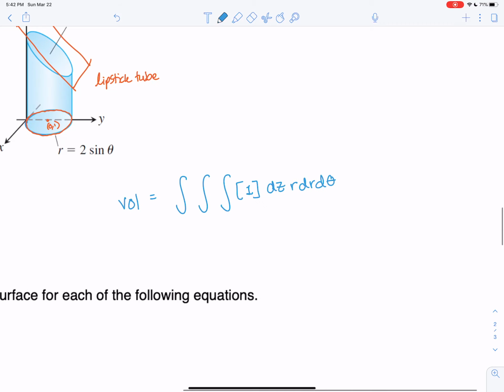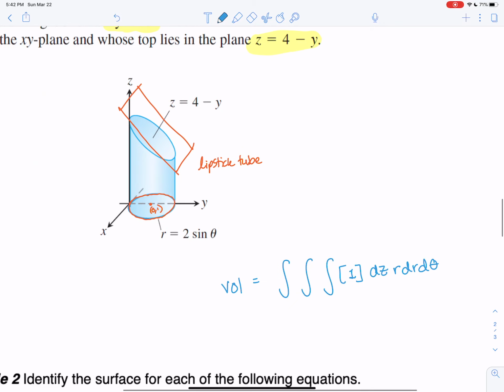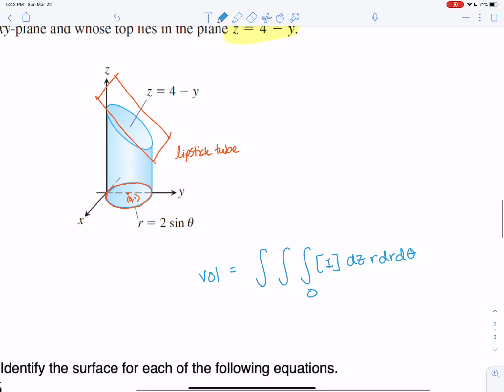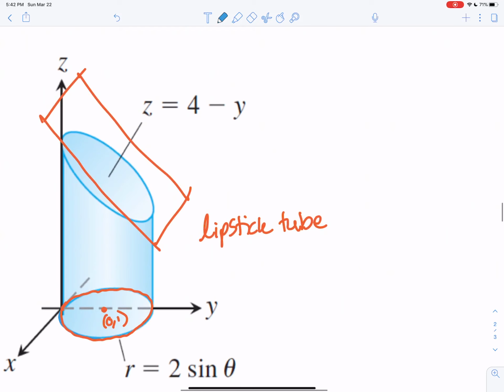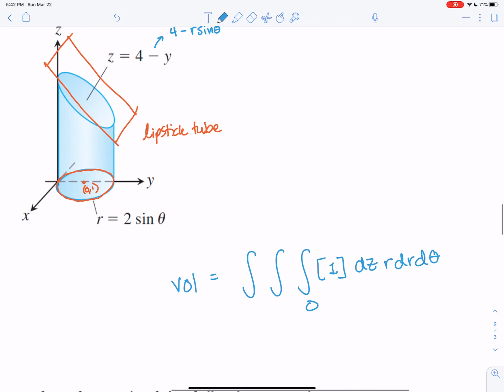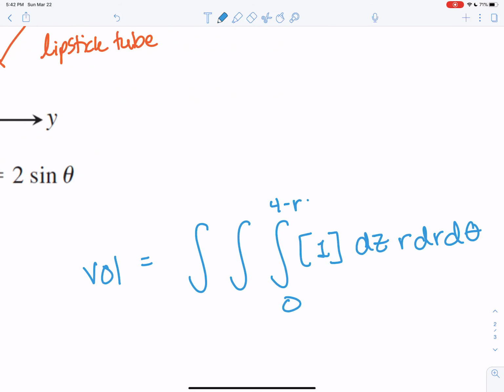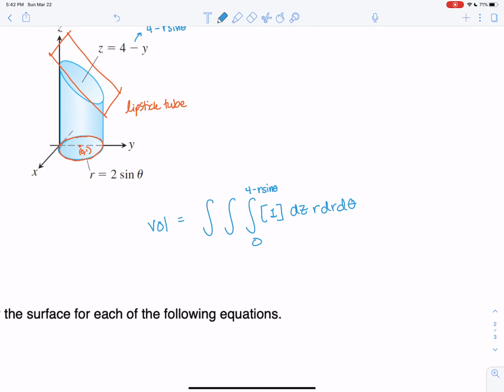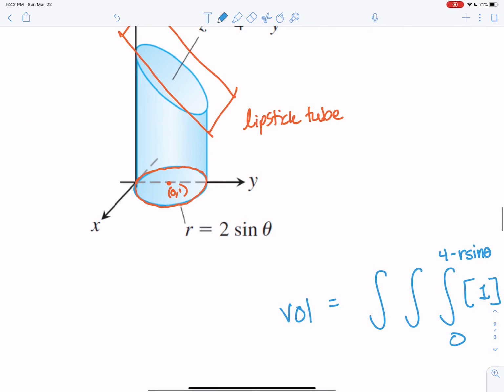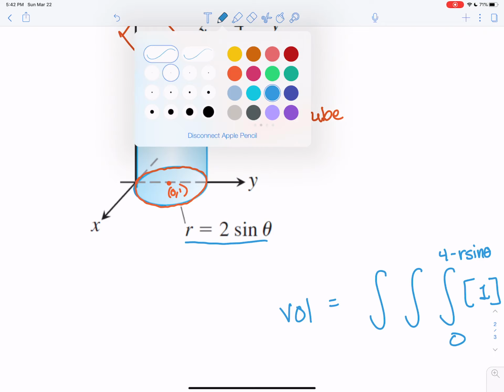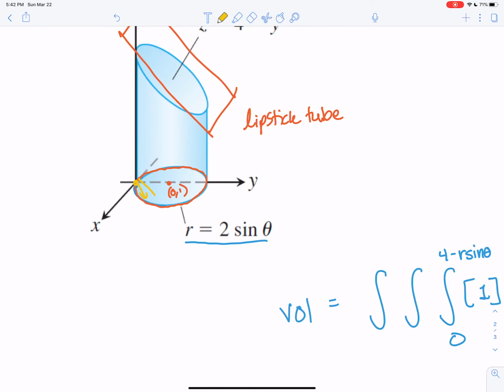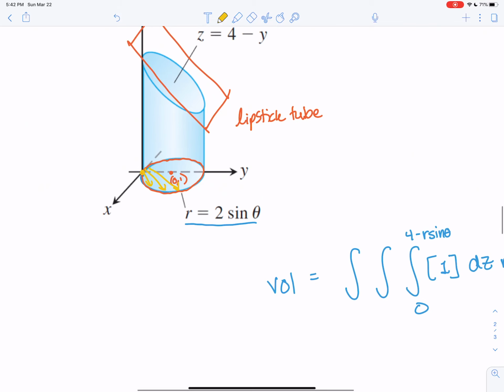So let's do the z bounds. We're starting at the xy plane, so z starts at 0 and goes to z equals 4 minus y, but y in cylindrical becomes 4 minus r sine theta. So that's our top. In r, the equation was already given to us, so it goes from 0 to 2 sine theta.